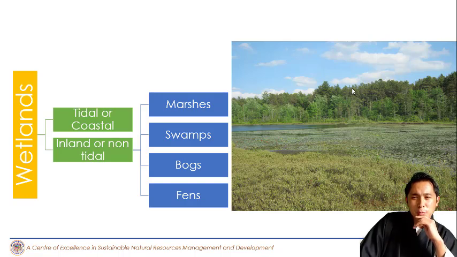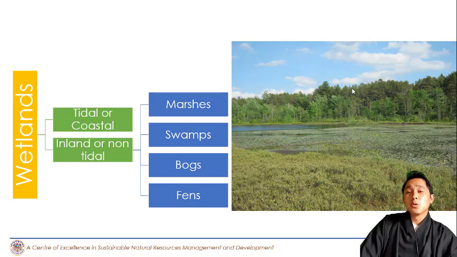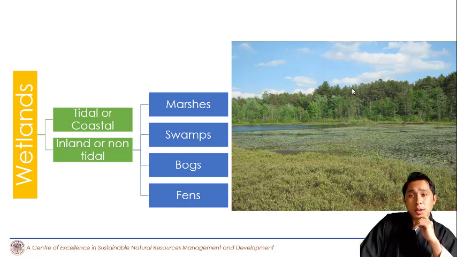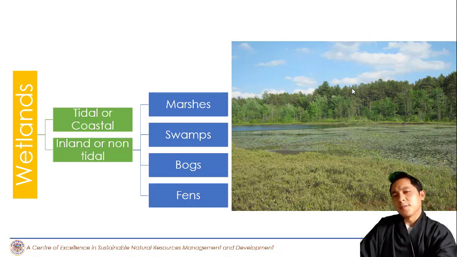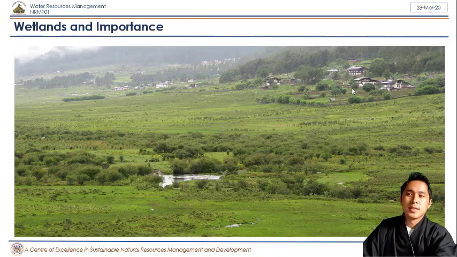What you will find basically is grasses. It is a little bit alkaline in nature, slightly more than compared to bogs, but you'll mostly find grasses in this kind of wetland. So now, four kinds of wetlands: marshes, swamp, bogs, and fen. Please try to note that.